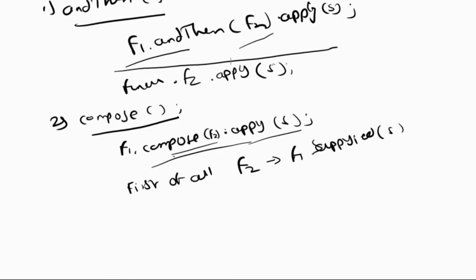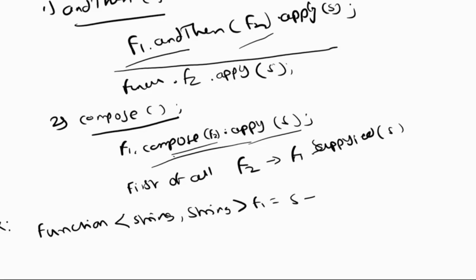Now I'll explain one real-time example so that you will feel much more confident about how to write the code for functional chaining. We will write two functions, right? Function with string input and string output. F1: if we apply one string, it will give us yes.toUpperCase. Here I am trying to convert our string to uppercase.